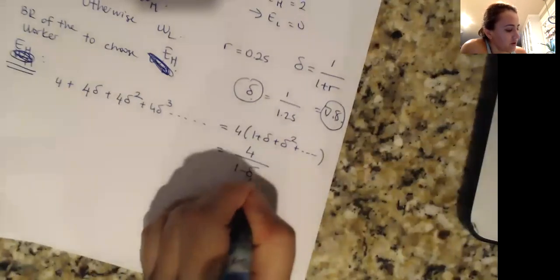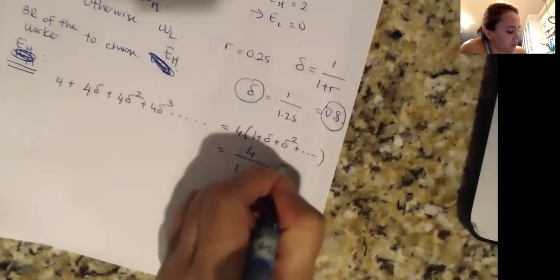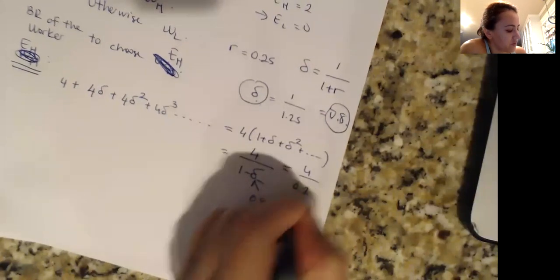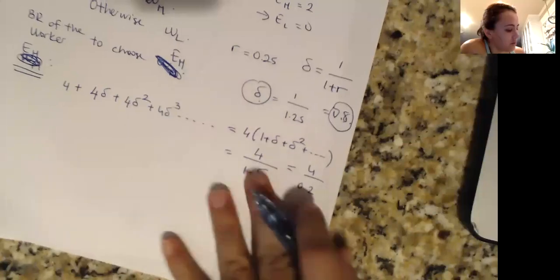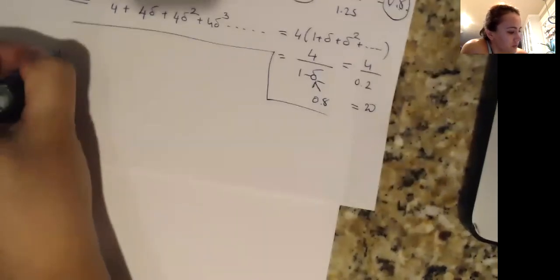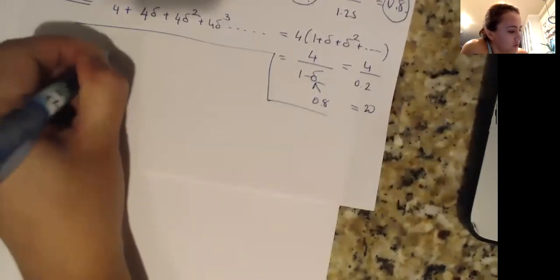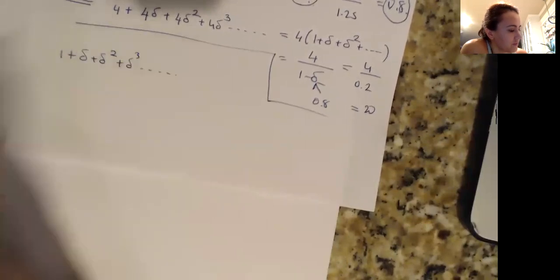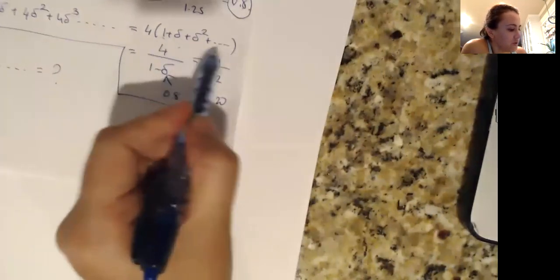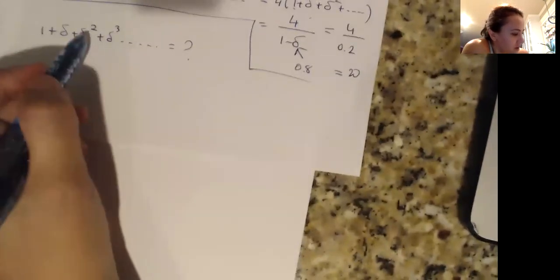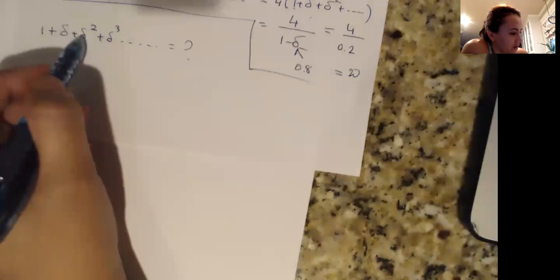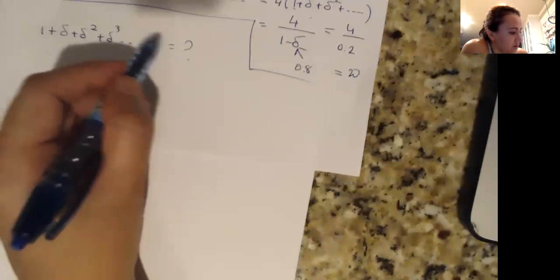Okay, and remember, delta is 0.8. So 4 divided by 0.2. Why is it 4 divided by 1 minus delta? So I'm trying to find what this is. This is a series, the sum of deltas powered by increasing numbers.